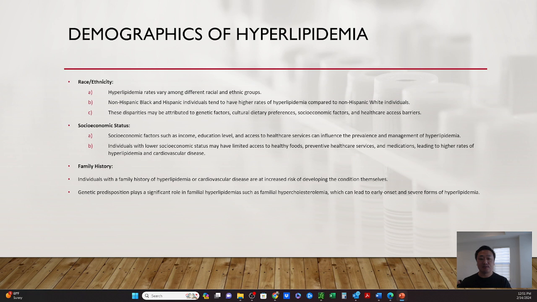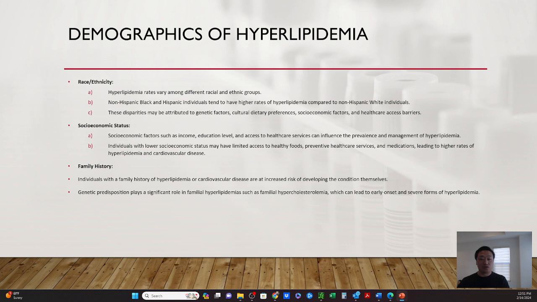And socioeconomic status, such as income, education level, and access to healthcare services, can also influence prevalence and management of hyperlipidemia. Individuals with lower socioeconomic status may have limited access to healthy food, preventive healthcare services, and medications, leading to higher rates of hyperlipidemia and cardiovascular disease.